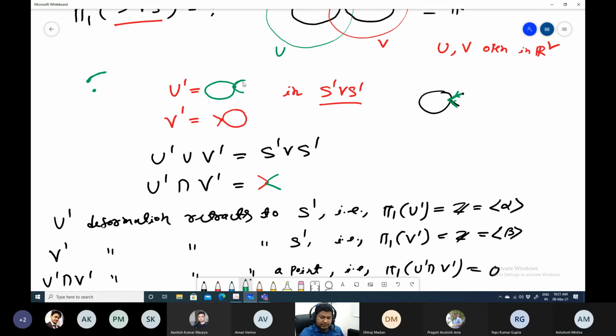So in this way that curve segment deformation retracts to a single point, and this is also a curve segment, so this deformation retracts to this point. So this deformation retracts to these circles only. And similarly this one deformation retracts to only this circle, because that portion will deformation retract to a single point.